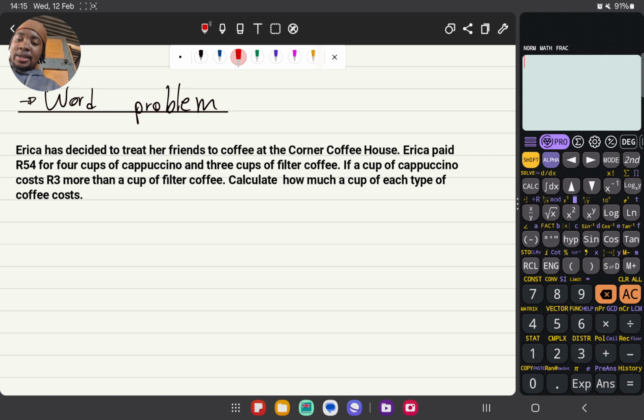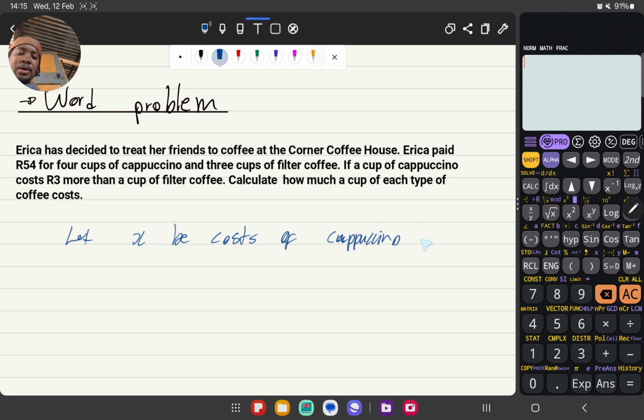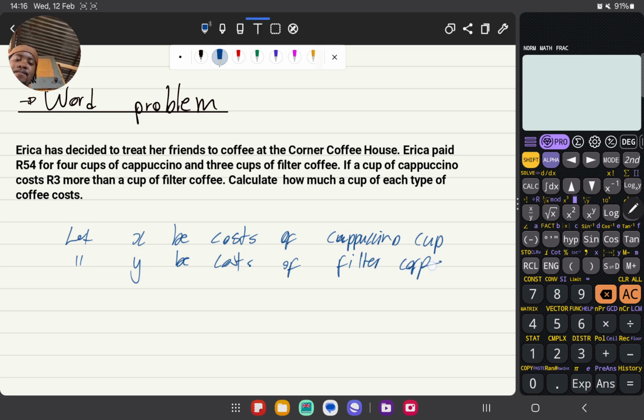So I'll say let x be the cost of a cappuccino cup, and I'll say the same thing for y, for a filter coffee.